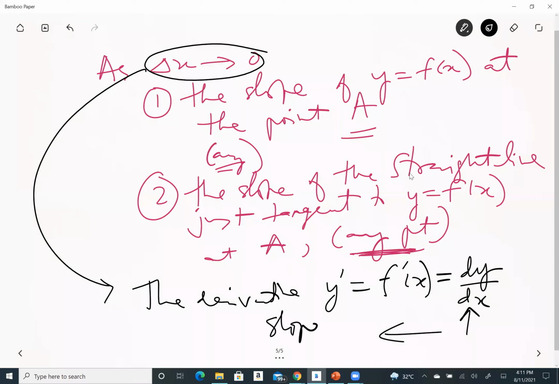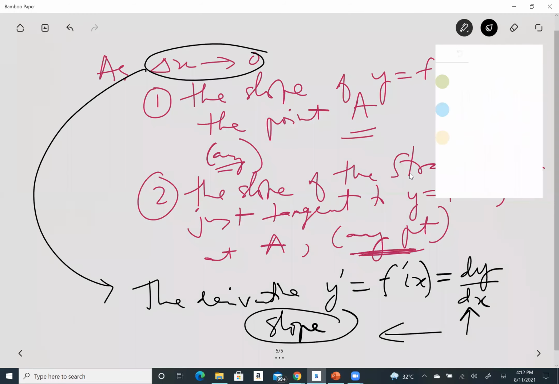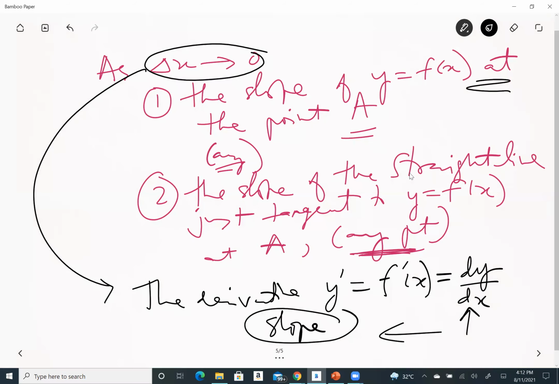The derivative is still the slope, but what kind of slope? It's the slope at the point, and how do you measure it? It's the slope of the straight line just tangent to the curve at that particular point. So that is the derivative of the function.